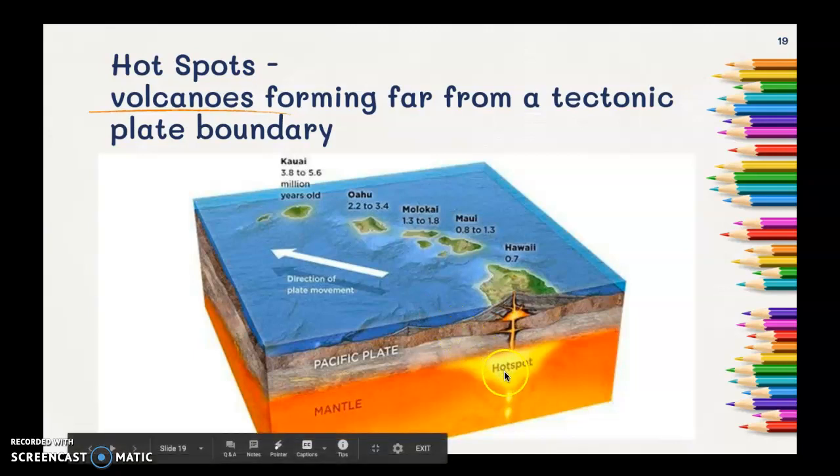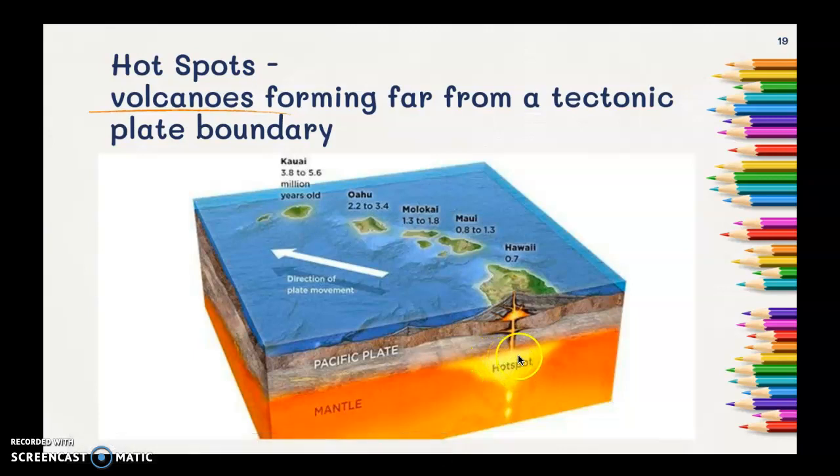What's going on beneath Hawaii is there is just a place in the mantle under Earth's crust, down under the lithosphere, where it is, for whatever reason, especially hot. And that heat is long-lasting. It has been around for millions of years, and that one spot is just burning away, and it's hot enough that it's melting rock above it through the lithosphere and forming these volcanoes.